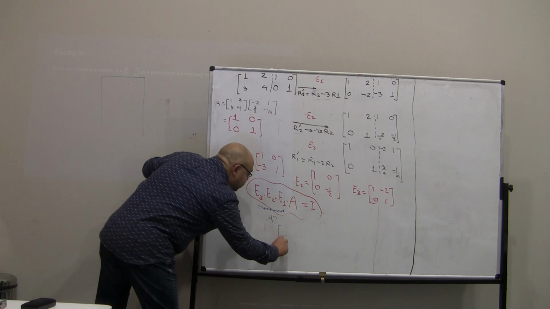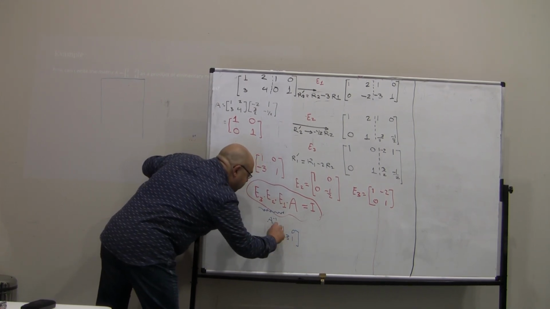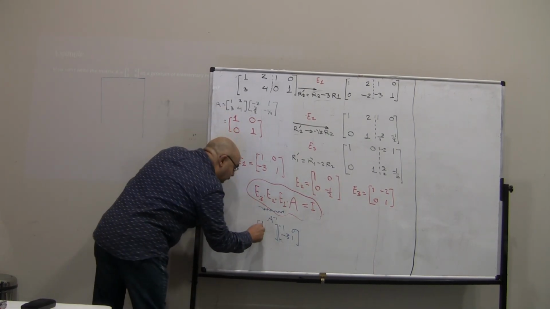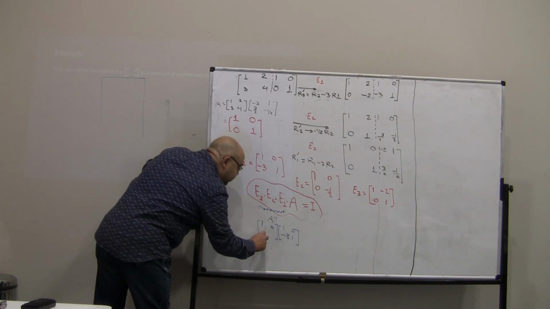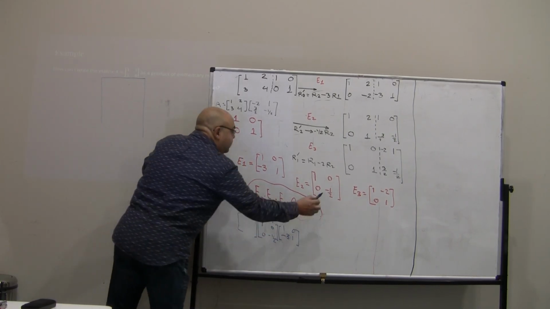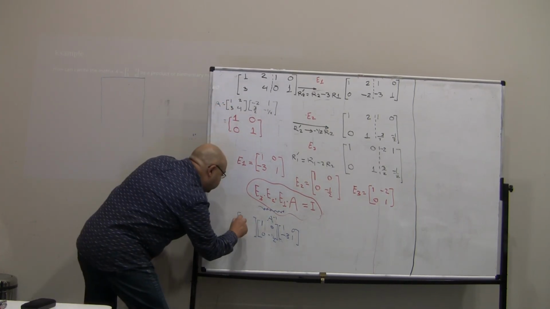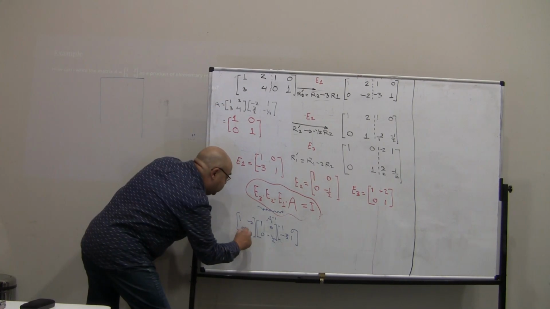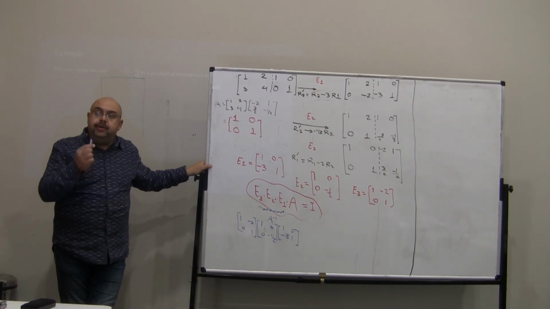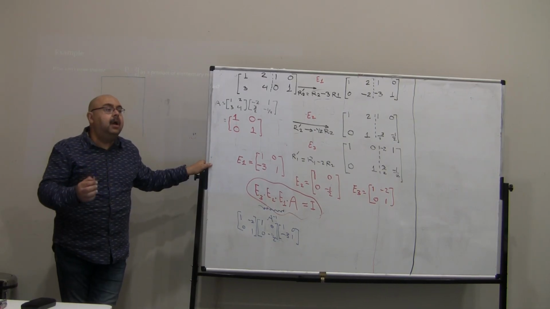E1, which is 1, 0, negative 3, and 1, multiplied by E2, which is 1, 0, 0, and the negative half, multiplied by the last process, E3, which is 1, negative 2, 0, and 1. This is how to represent the inverse as elementary matrices.